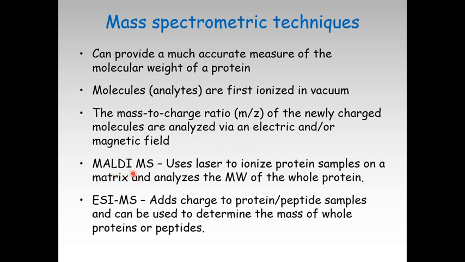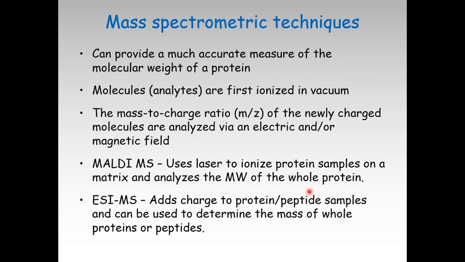In a technique called MALDI, the abbreviation for Matrix Assisted Laser Desorption Ionization Mass Spectrometry, or MALDI MS, this is a very robust technique, and it uses a laser to ionize protein samples on a matrix and analyzes the molecular weight of the whole protein.